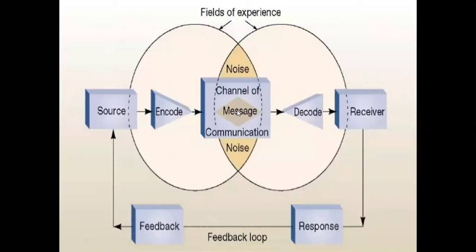So this is the basic communication process. The receiver receives the message and gives a response by sending feedback to the source or sender. That process is called the feedback loop, L-O-O-P.